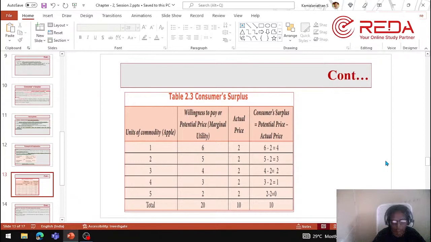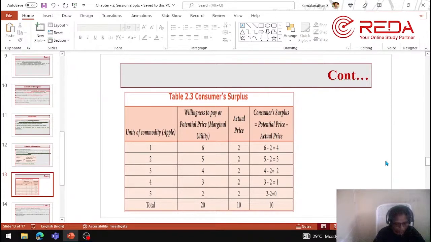So here, after all those things, by consuming 5 units of commodity, the consumer's total marginal utility will be 20, the actual price is 10, and the consumer surplus is 10. This is how you have to calculate the consumer surplus.